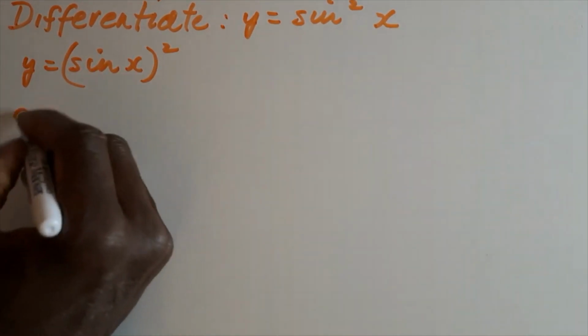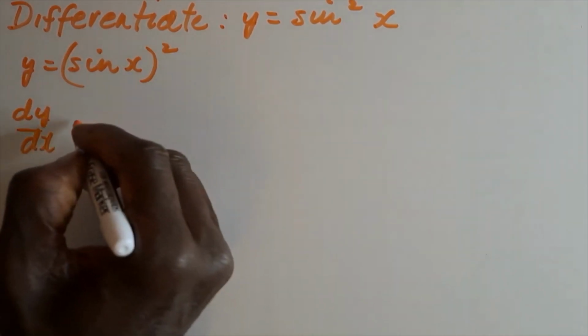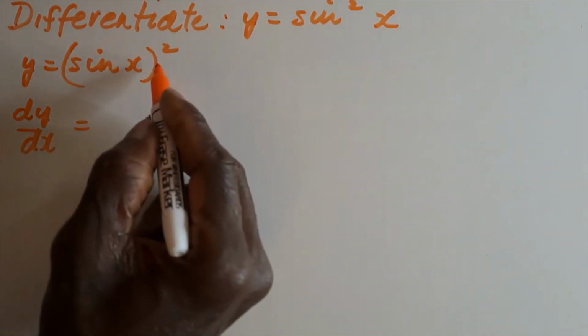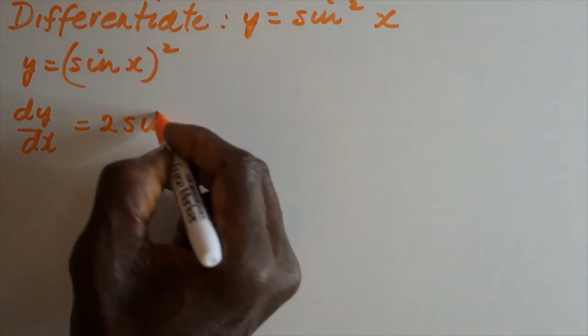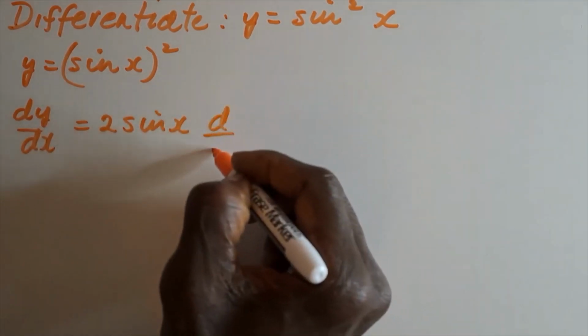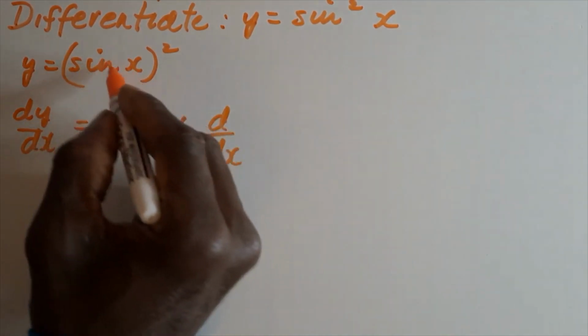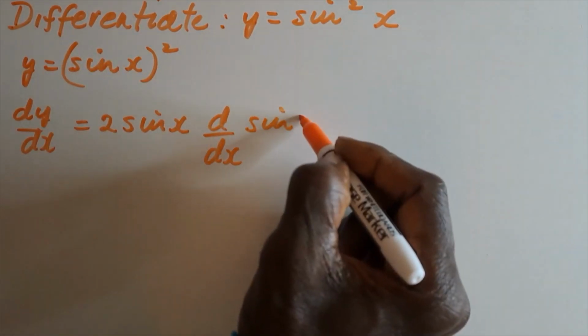Now if we differentiate this, dy dx, and we differentiate this as it is, so that's 2 sine x, and then we differentiate what's inside the brackets, which is sine x.